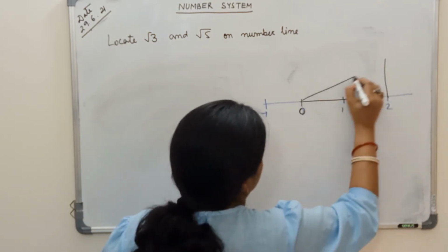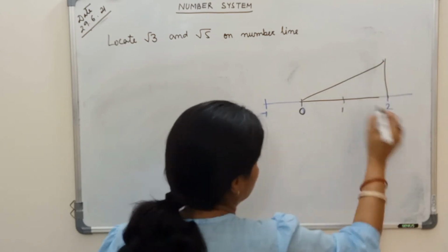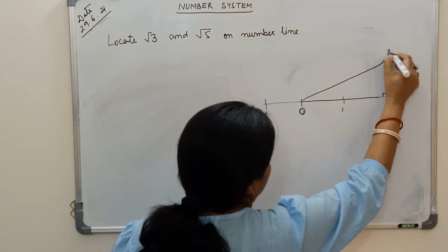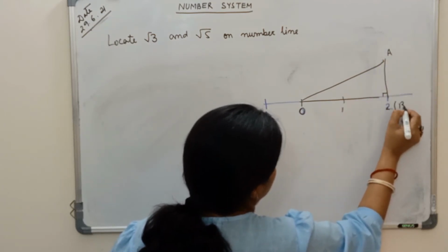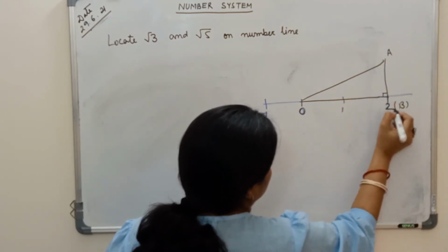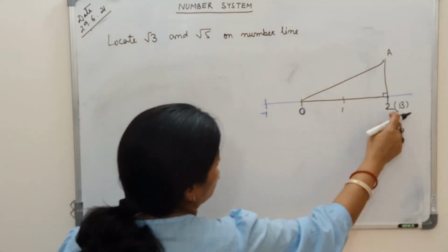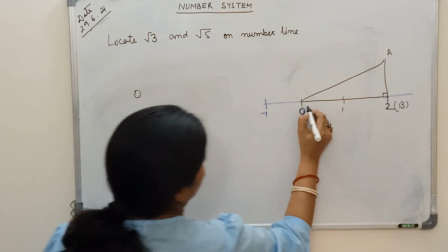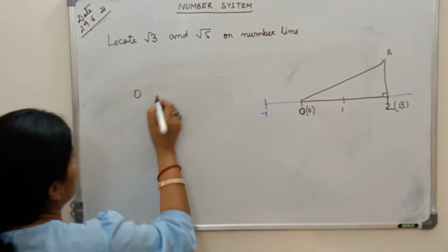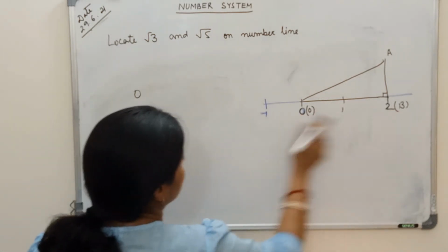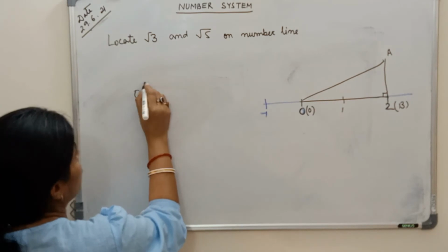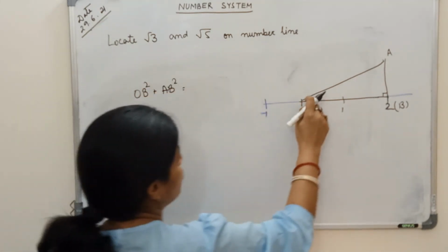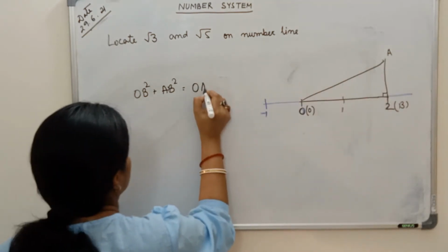If we take this as a perpendicular, O, A, suppose this is B, then what will be this? So O, this is 2, O is 0. OB square plus AB square is equal to OA square.